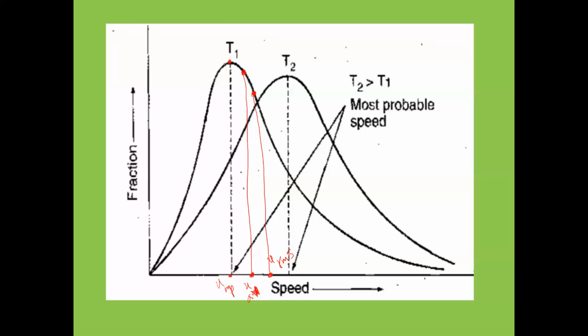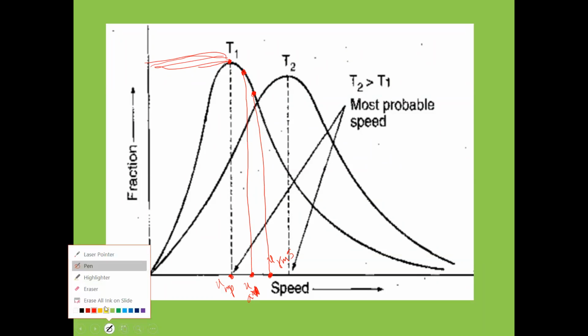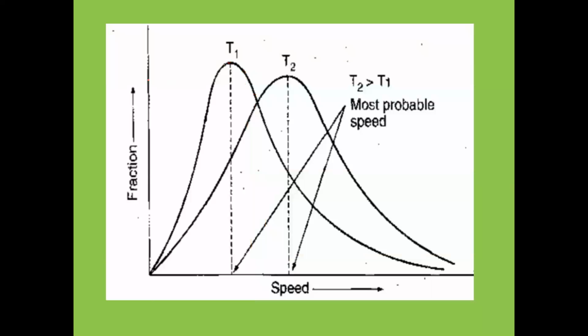Among these, RMS velocity has the most magnitude, and most probable velocity has the least magnitude. A very large fraction of molecules will be possessing the most probable velocity. So we have discussed that already.